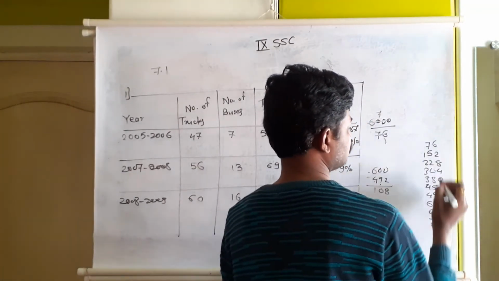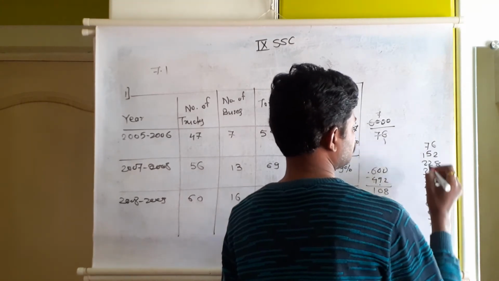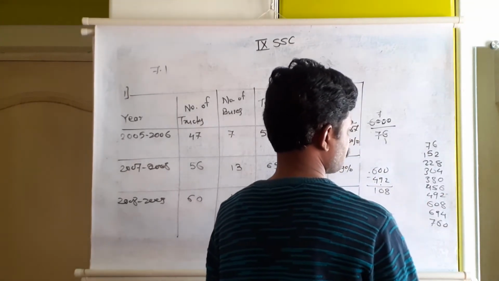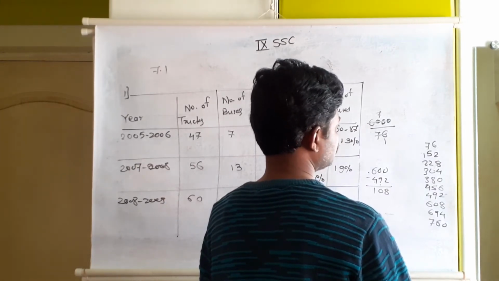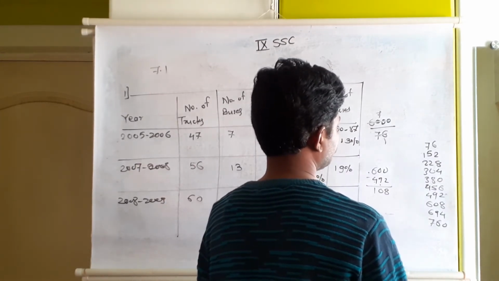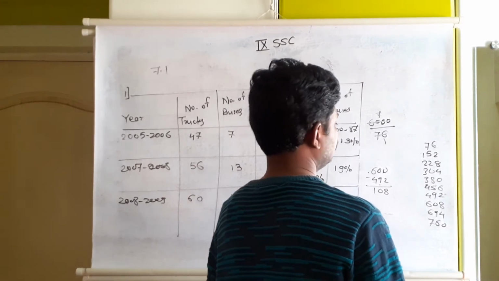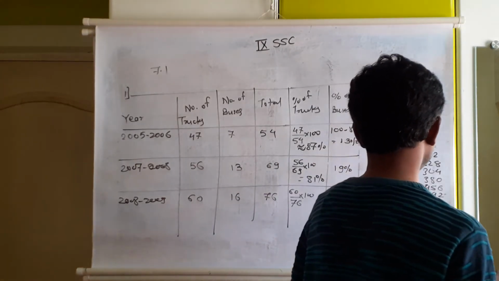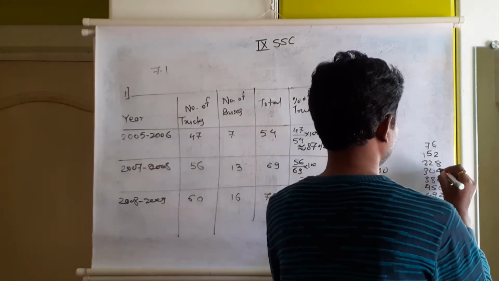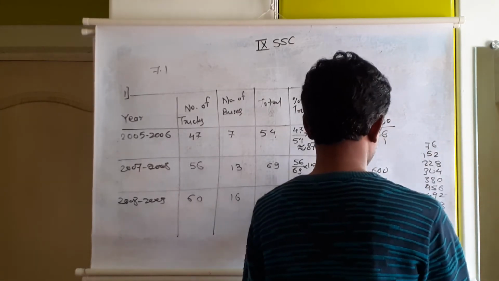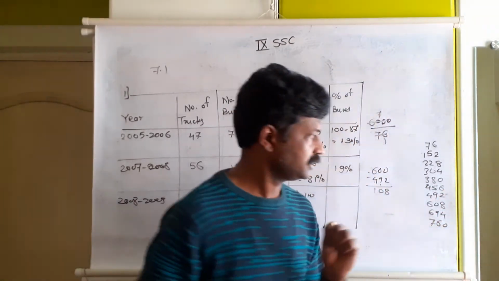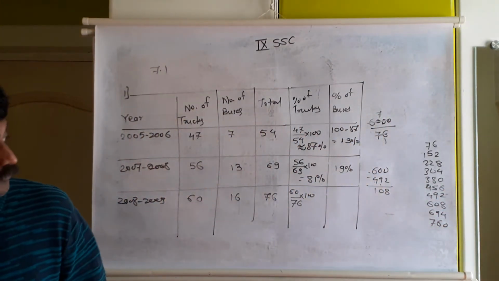8 za, 492 and 600. Yeah, it should match. 492, 1 2 3 4 5 6 7. Okay, the problem is here, I have written it wrong.